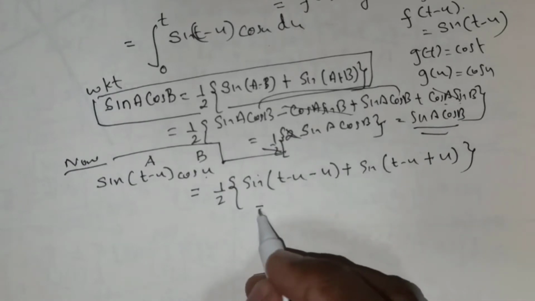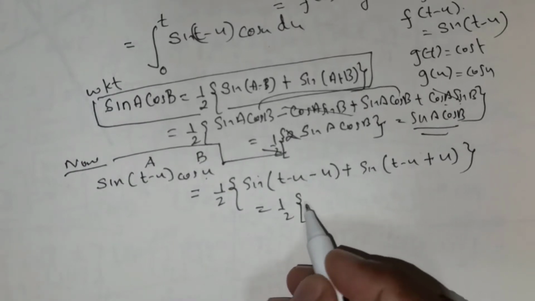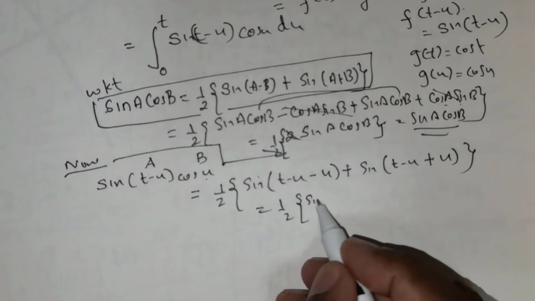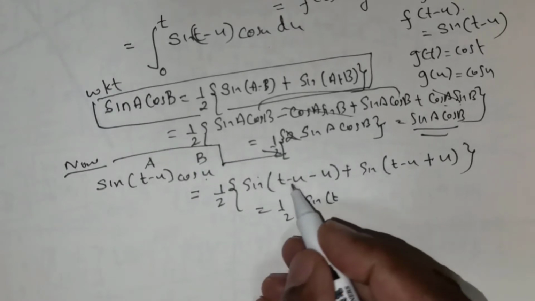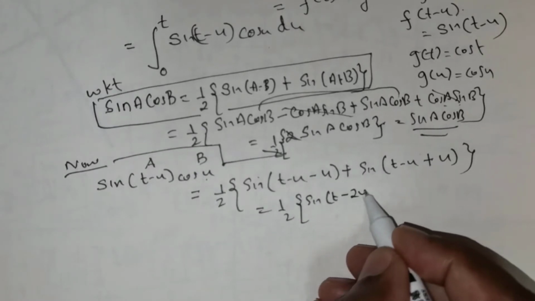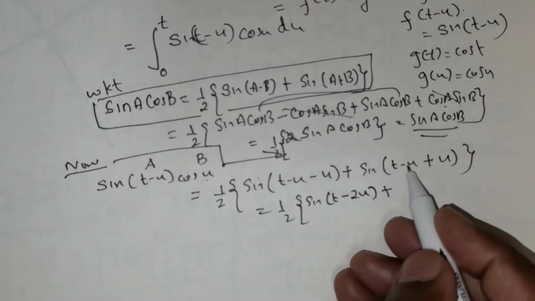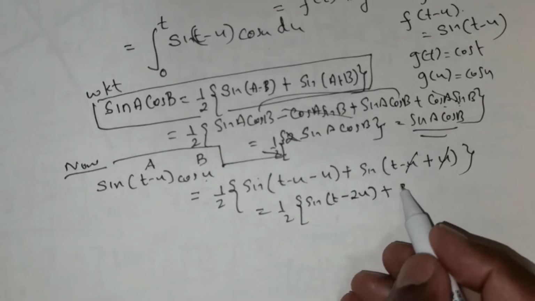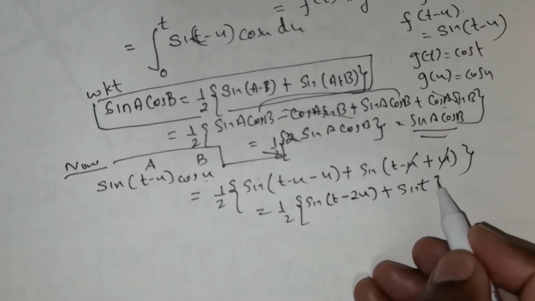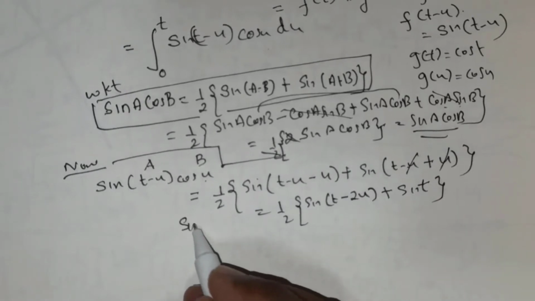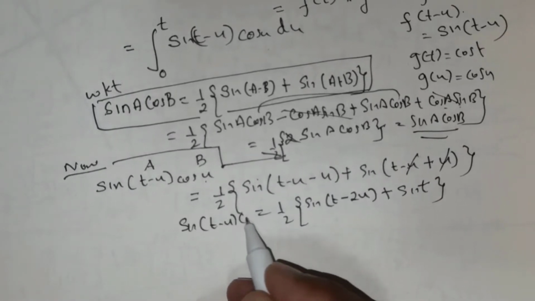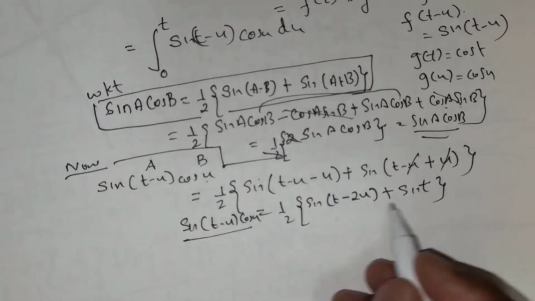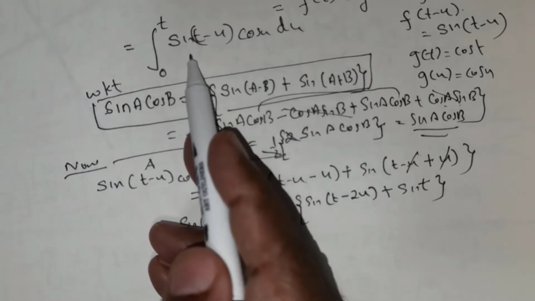So this is going to be rewritten as 1 over 2 times sine of t minus 2u, plus negative u positive u, which cancels, giving you sine of t. So wherever I see sine of t minus u times cos of u, I'm going to replace this. So let's go over here.